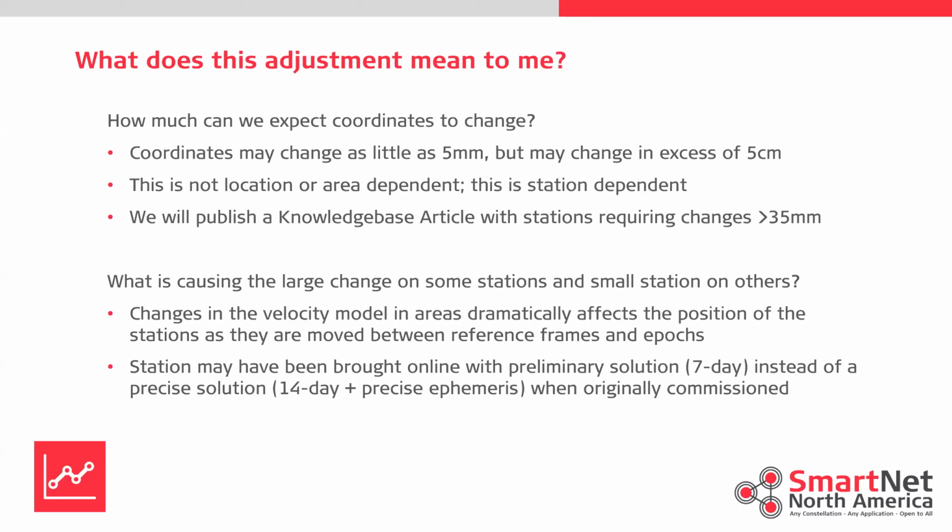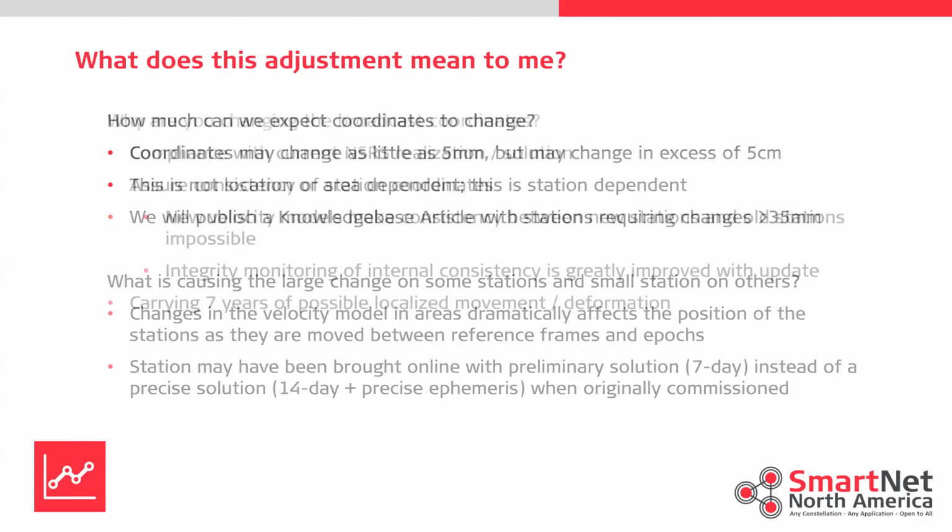So we may have just left those coordinates in place and they may be a couple centimeters, I won't say wrong, but a couple centimeters different than that original preliminary solution, because we don't want to change the broadcast coordinate because it's a serious deal. So these are the reasons that some can have large changes, some can have small changes. It has to do with the underlying velocity model that we're dealing with.